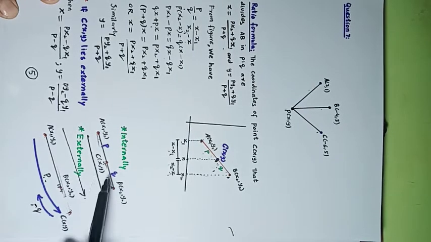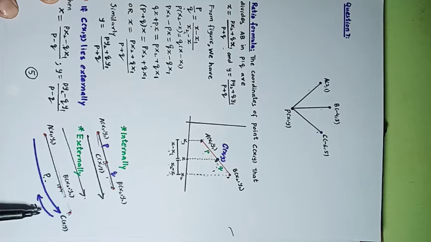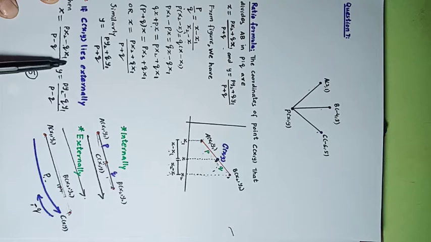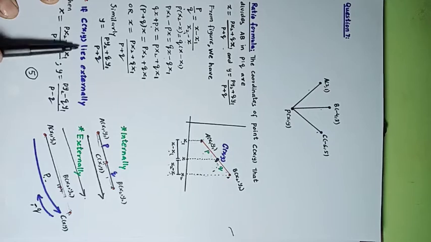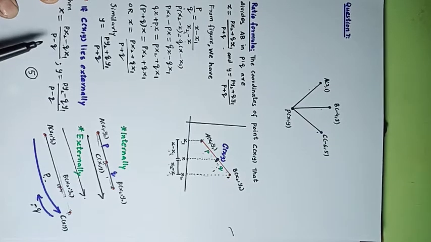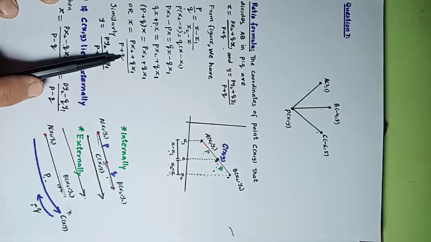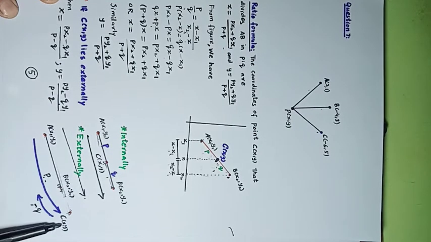We have observed that in case of internally, P and Q are both positive. But in case of externally, P is positive, Q is negative. So if we replace the positive Q by negative Q, the case of internally converts to the case of externally. So for the case when C is lying externally, we are replacing Q by minus Q. If we replace Q in both places by minus Q, we get the x coordinate of the point C when it is lying outside.